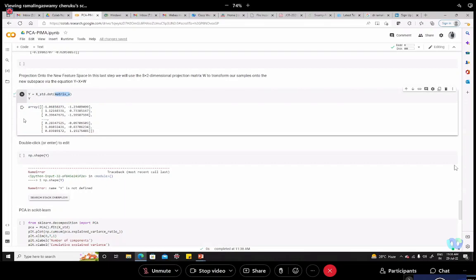This is how we carried out the principal components and how we transformed the data from one set of axes to another set of axes, by shifting the centroid and rotating the axes. This is the idea behind principal component analysis.